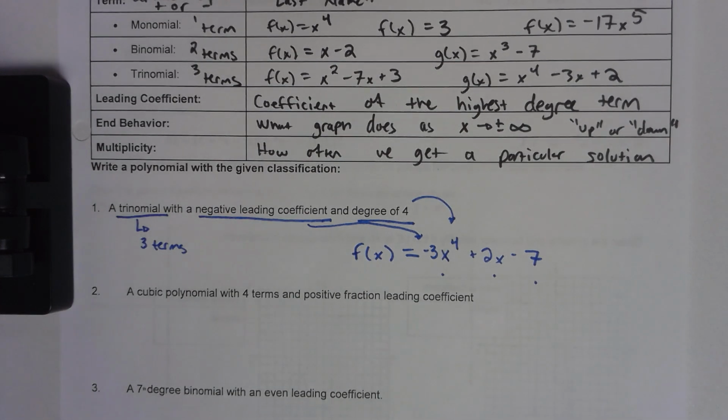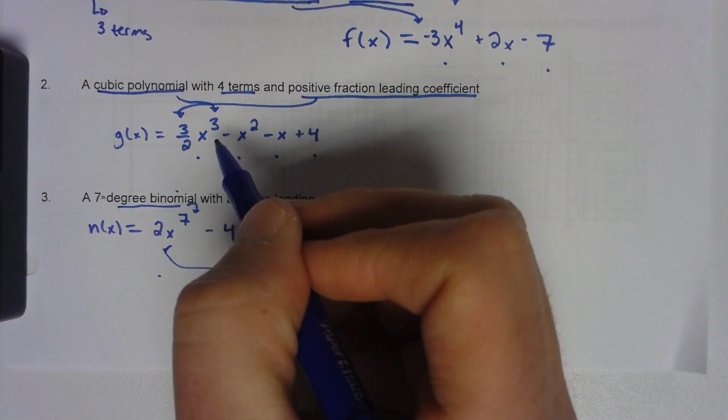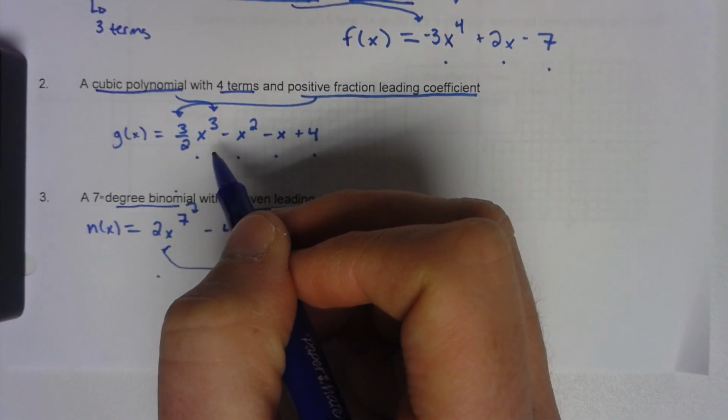All right, why don't you all come up with something for number 2 based on the description. I'll tell you what I come up with and what needs to for sure show up as you go ahead and build those equations up. The first one in number 2 here is a cubic polynomial. So whatever you write, the largest exponent needs to be a 3.